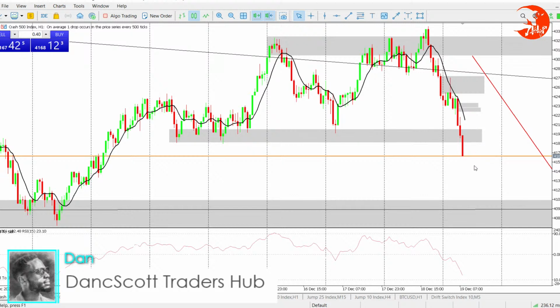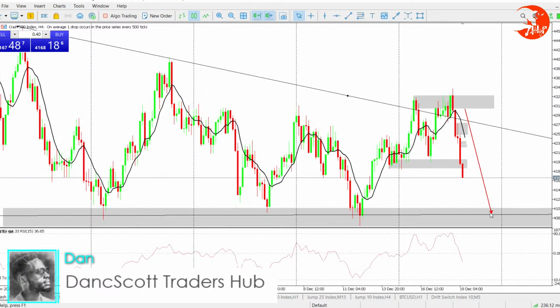So now we will wait for the pullback after breakout of this level right here. This is like a break and retest. If it retests, then I will make an entry to bring me right here.